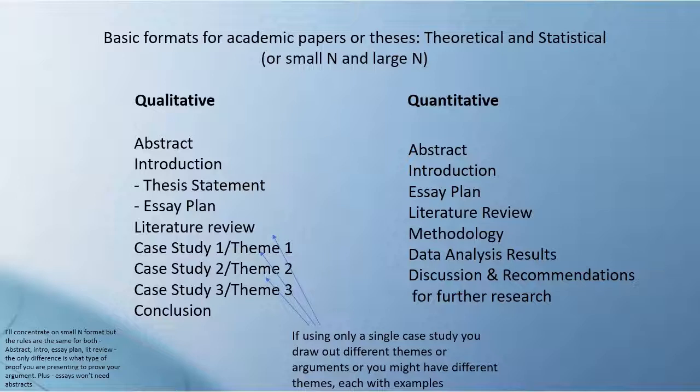It has a literature review, but then a whole chapter on methodology, which will be quite substantial. Then you'll have the actual data analysis and the results, and then a discussion and recommendations about those results, sort of like a conclusion, but you're discussing the actual experiment.